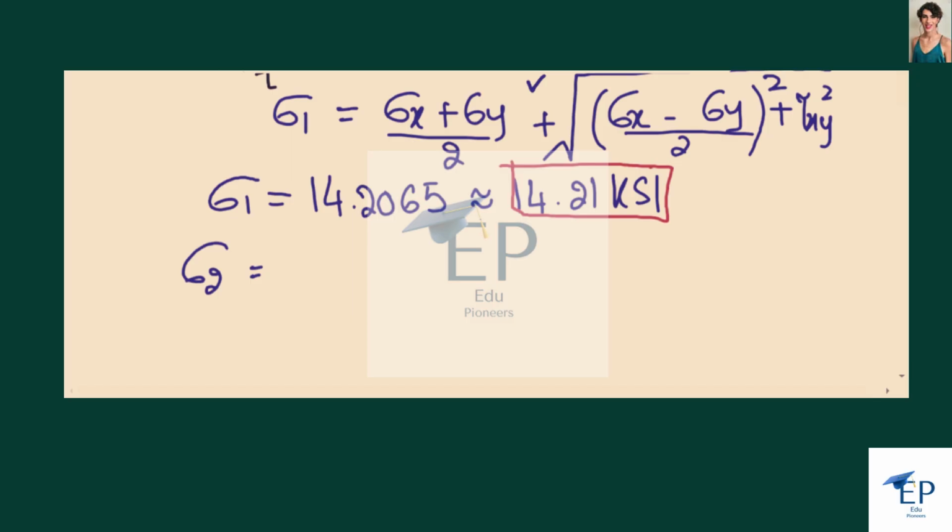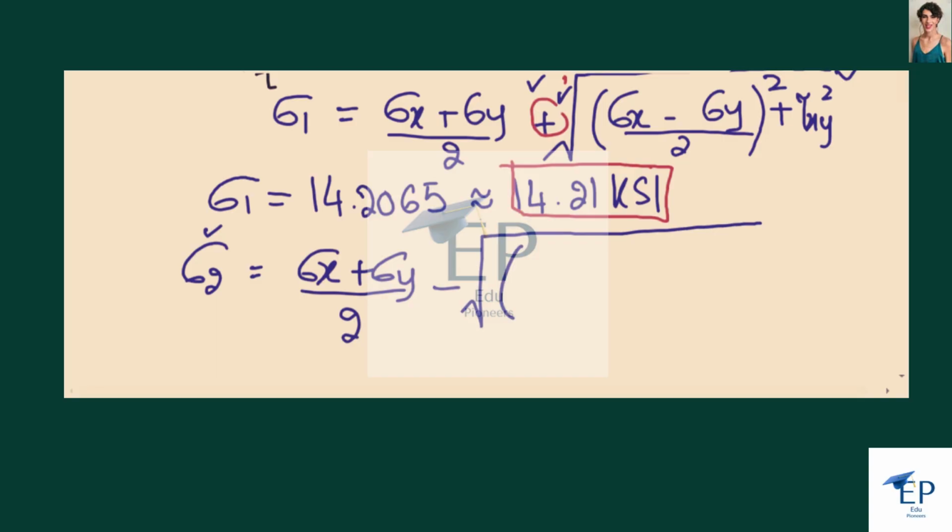The only difference between this equation and that equation is the sign in the middle: sigma sub 2 is sigma sub x plus sigma sub y divided by 2, negative under root, sigma sub x negative sigma sub y divided by 2 whole square plus tau sub xy square.